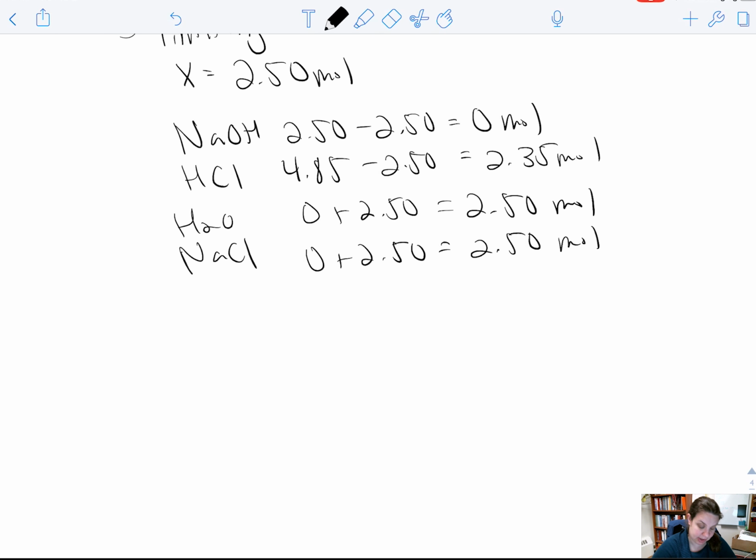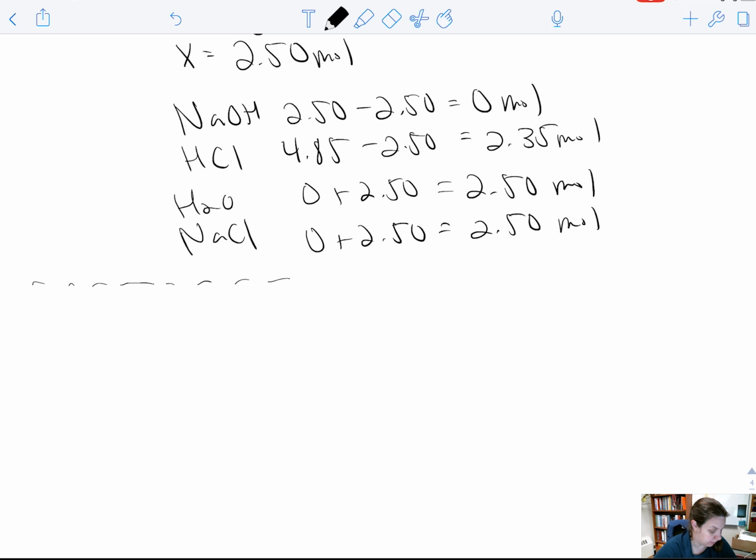Okay, last thing we're going to look at today is called Le Chatelier's principle. Le Chatelier's principle basically tells us what happens as we disturb an equilibrium. So if we have a process that's at equilibrium, if we do something to stress it out, what will occur?